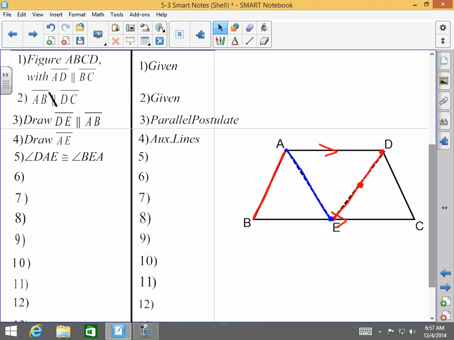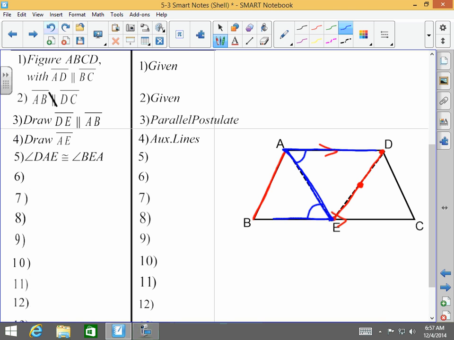Now I can say that DAE is congruent to BEA. So DAE, which is this guy right here, is congruent to BEA. Oh, I'm sorry, I went a little too far there. DAE is congruent to BEA. Why?